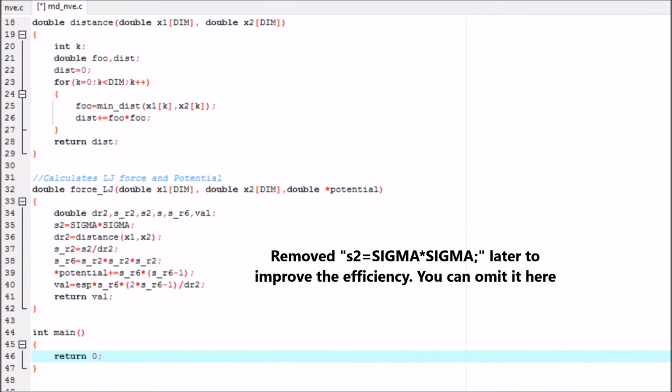So we define first the x positions. So double x for two particles, 3 dimensions, equals, first one is 0.1, 0.1, 0.1, and then we have 9.9, 9.8, and 9.7.